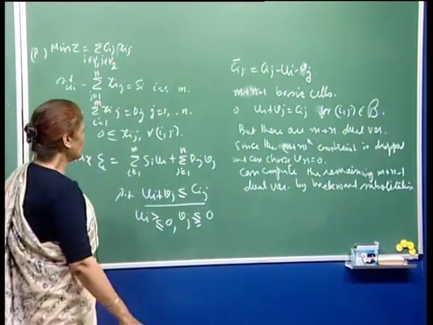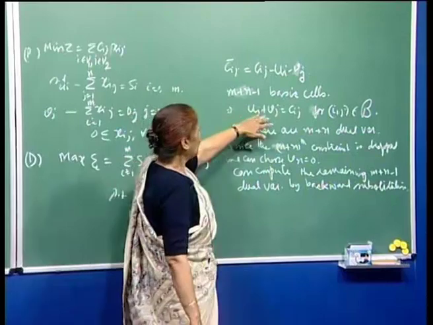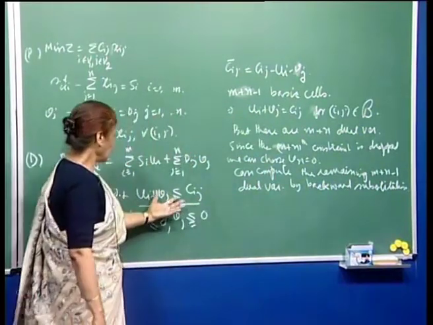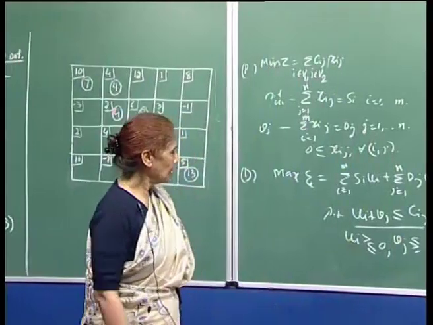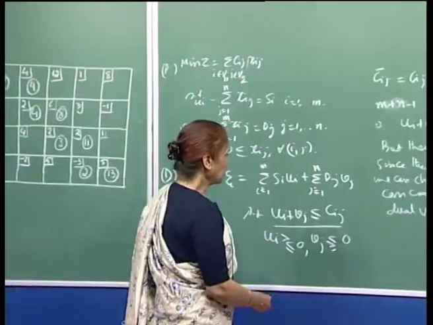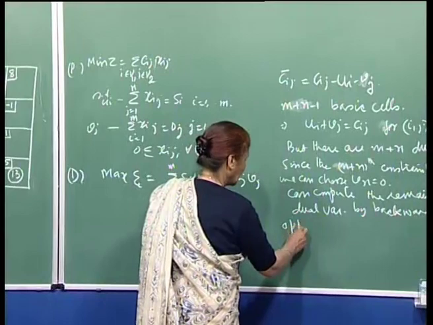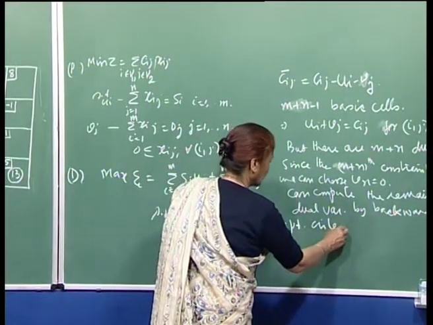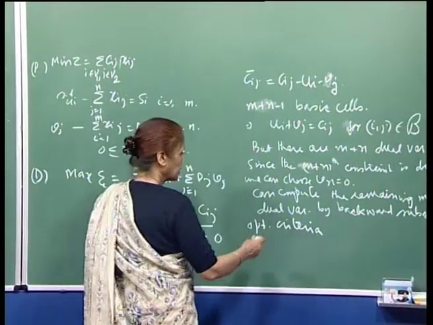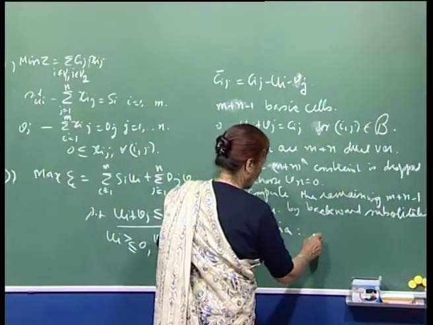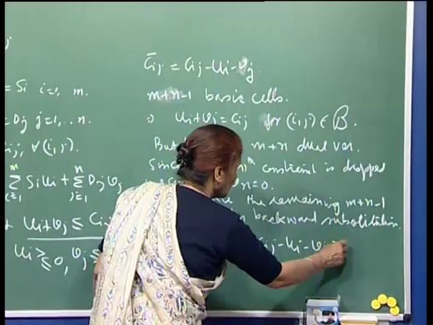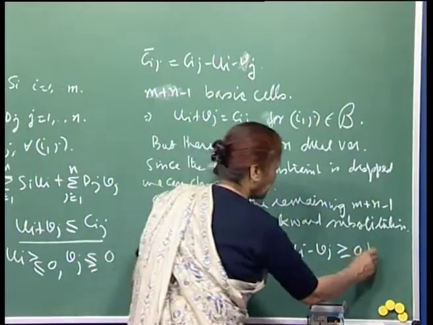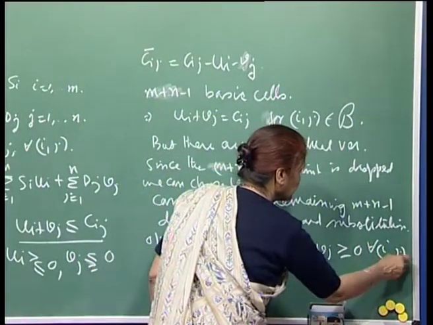Once you have the u i's and v j's, you can find out the relative prices. The optimality criterion is that c i j minus u i minus v j is greater than or equal to 0 for all i j, right.